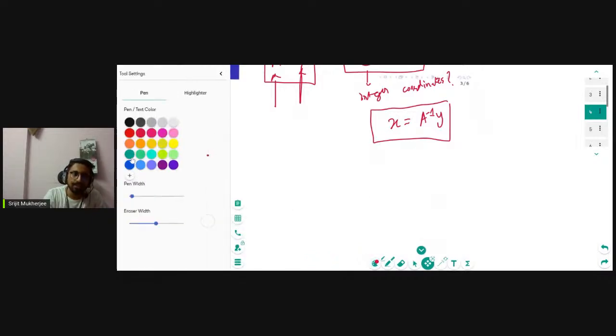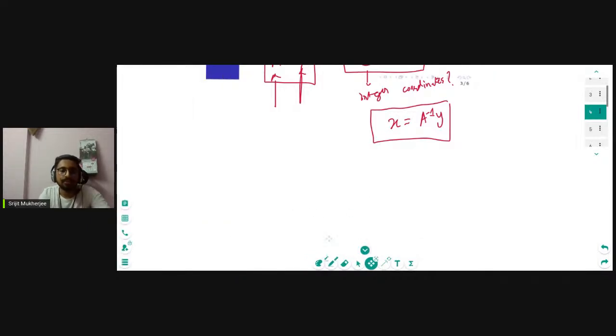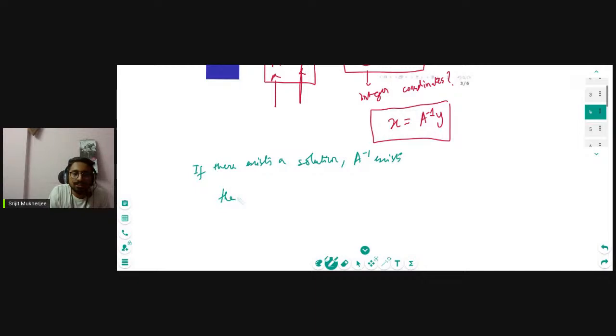Try to understand this: if there exists a solution, since A is invertible and A inverse exists, the only solution is A inverse of y.